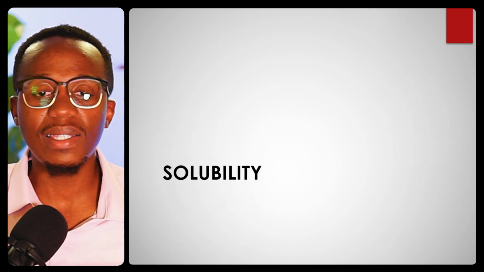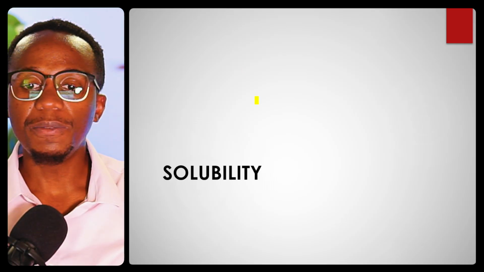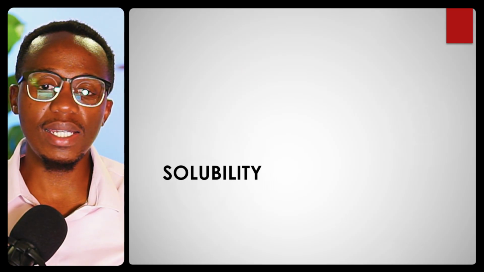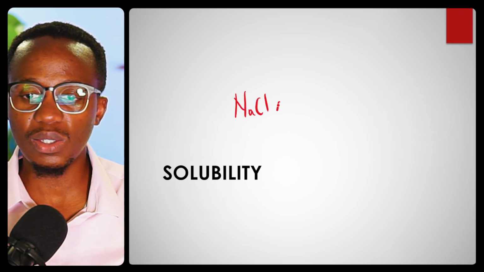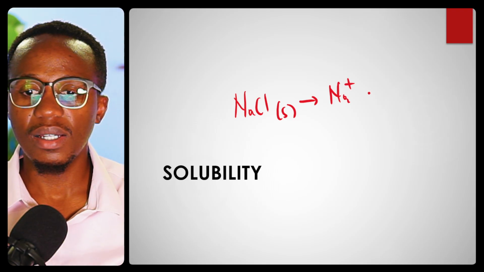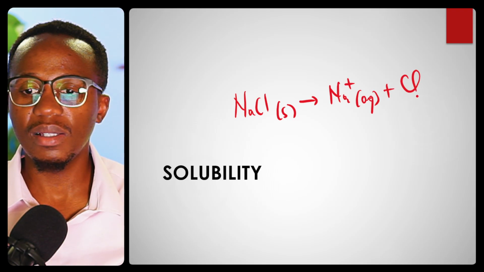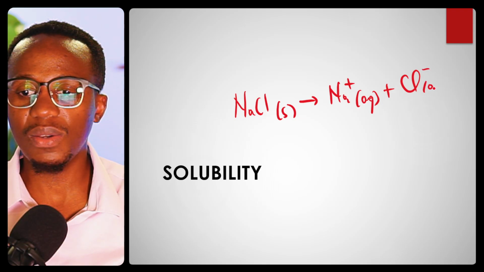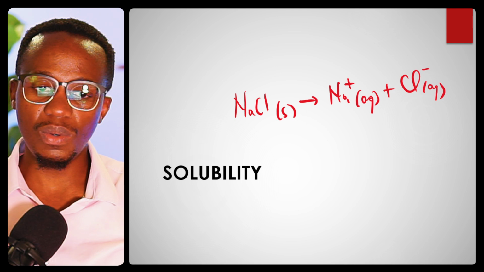And usually things that dissolve in water give us salt, right? If you remember, you can add NaCl, which is a salt, solid, becomes Na plus, aqueous, in water, plus Cl minus, which is aqueous, right?